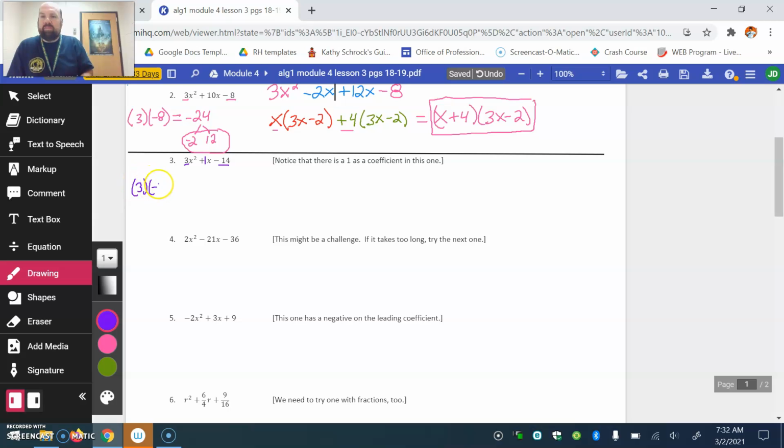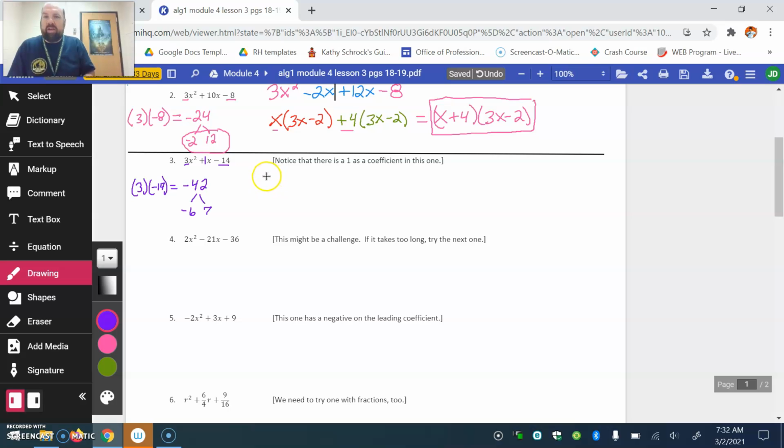And I get, sorry, my 4 is a little sloppy there, negative 42. Now, I need factors of negative 42 that total to give me positive 1. And it's negative 6 and positive 7. 7 minus 6 is 1. Negative 6 plus 7 is 1.